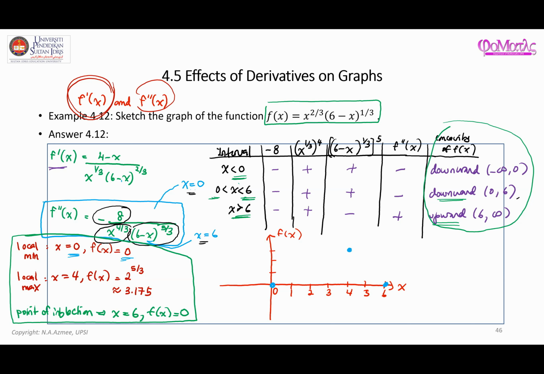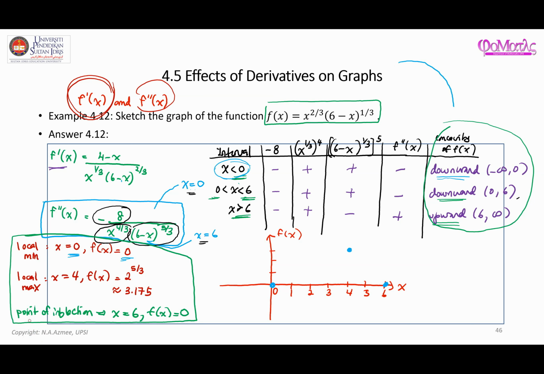We know that previously when x is less than 0, the function is decreasing and concave downward. That means it's in this direction. Why is that so?